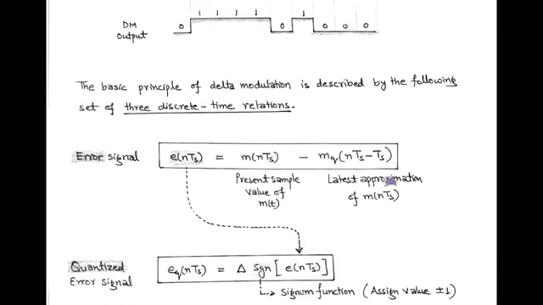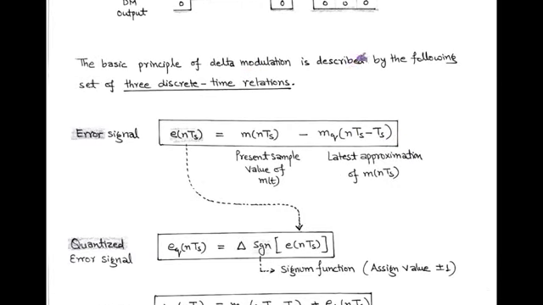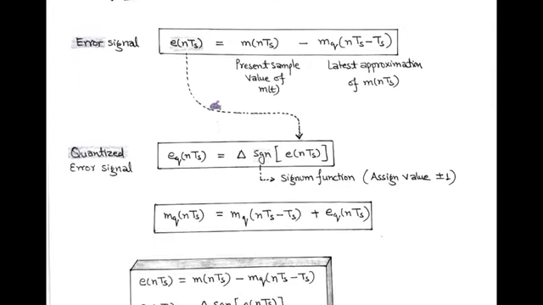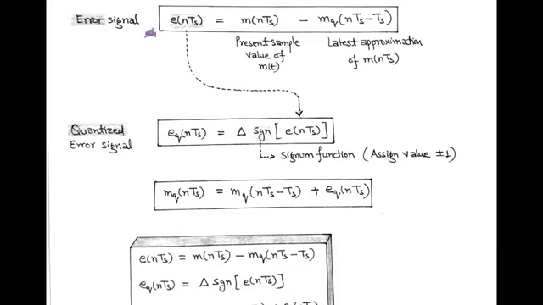Now, the basic principle of delta modulation is described by the following three sets of discrete time relations. First is the error signal, e(nTs) = m(nTs) - mq(nTs - Ts).